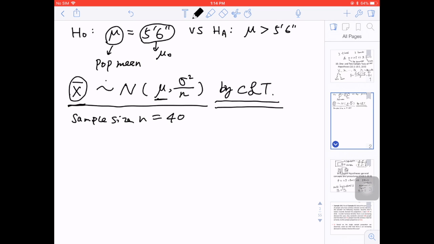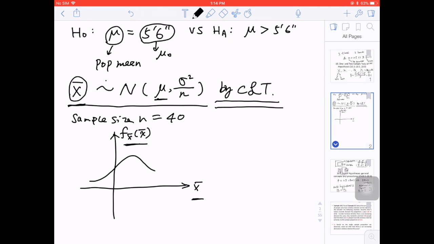All right, so we have a plot about x bar. This is the value of x bar, and this is the value of its PDF. If H0 is correct, then its PDF will look like this.